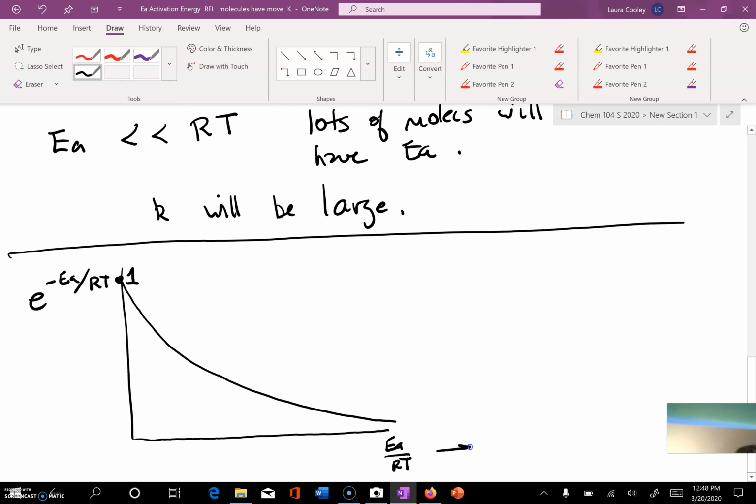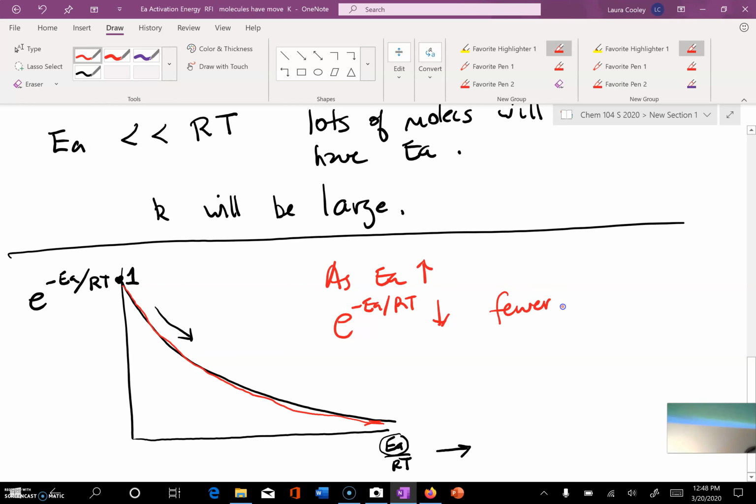As we go in this direction along the graph, EA increases. So as EA increases, the number of molecules that have that energy goes down. As EA goes up, e to the minus EA over RT goes down, and fewer molecules have the needed energy.